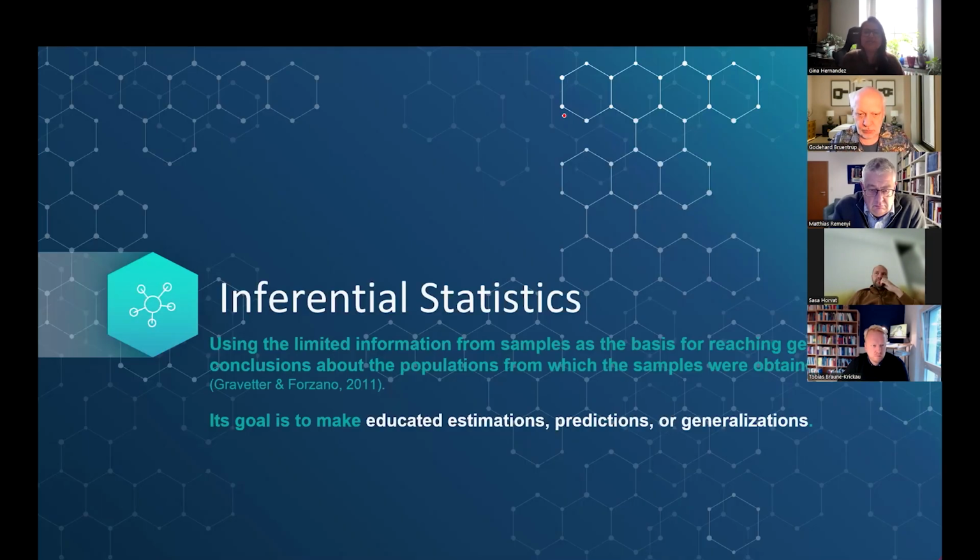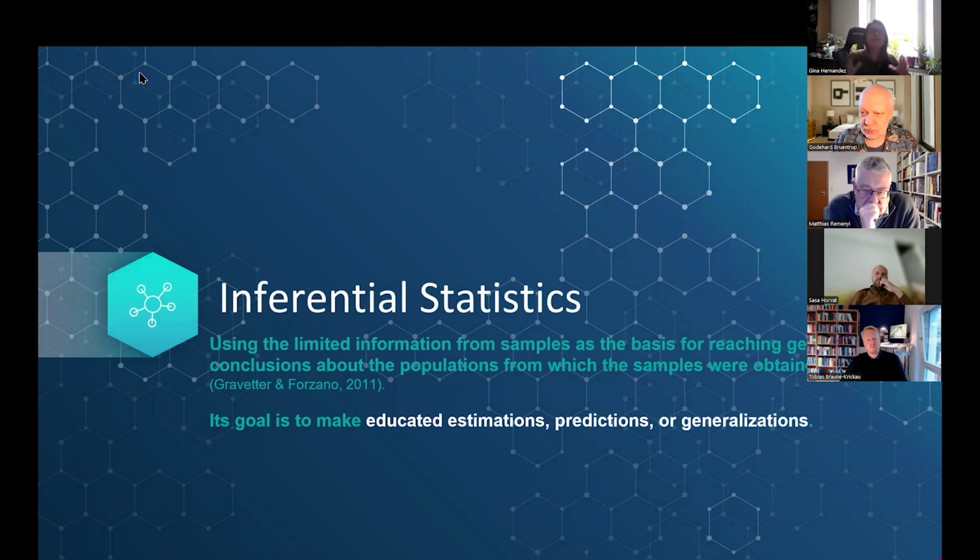So inferential statistics is using the limited information that we have from our sample as the basis for reaching general conclusions about the population from which the samples were obtained. In inferential statistics, I want to make predictions, estimations or generalizations to the broader population, while in descriptive statistics, I was just talking about the sample that I got.